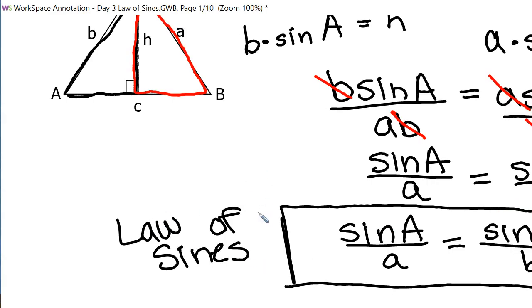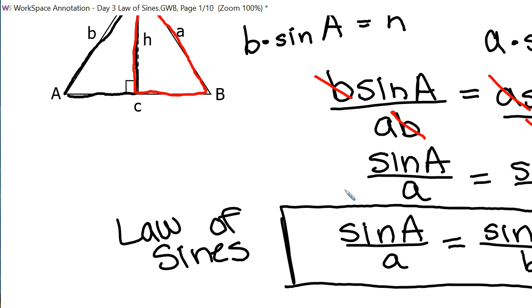And if you invert these fractions, side A over sine of A is also equal to side B divided by sine of B, which is also equal to side C divided by the sine of angle C. Now what's in the box is what's most common if you look in textbooks. So if you just looked up the law of sine from your textbook, what I have boxed in, that's what those textbooks will use. But right there below it, it's also true.